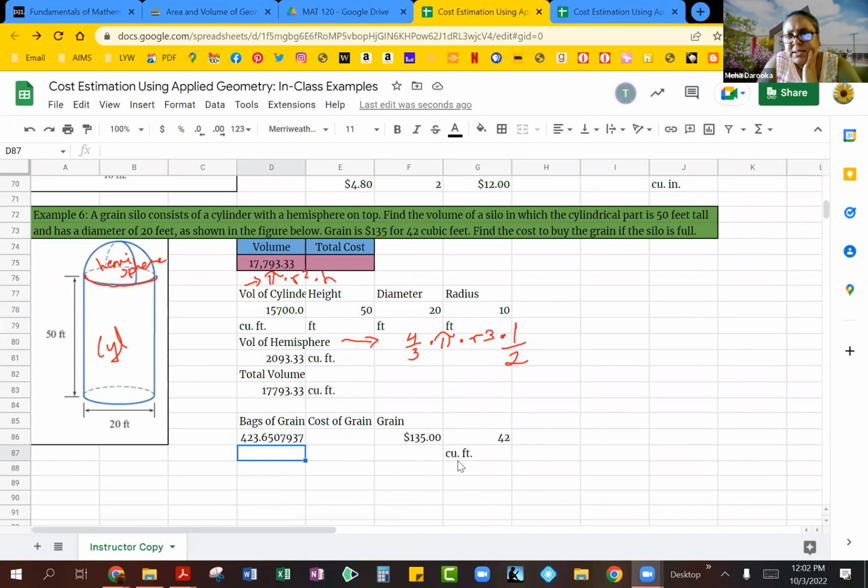Okay, Sabrina, let's see what answer you had. Yeah, I was just about to ask that, Amanda. So you had the 378.79 bags. Sabrina, so yeah, if you also did not add the volume of the cylinder with the hemisphere, then you would get a smaller capacity.